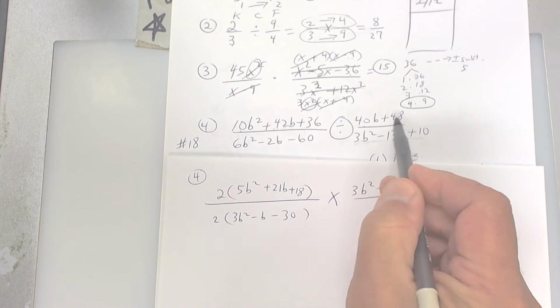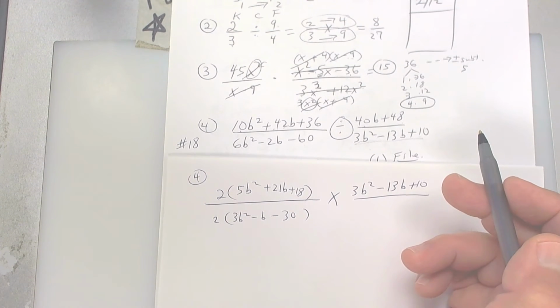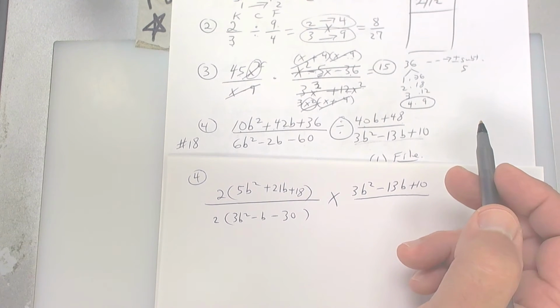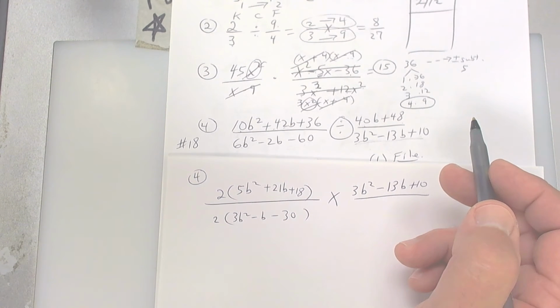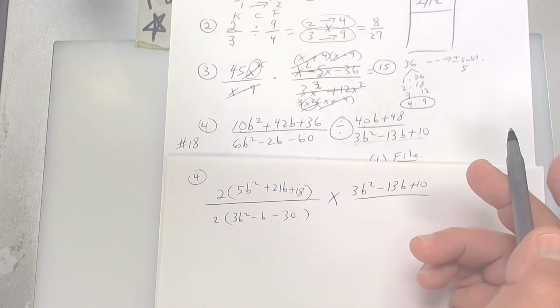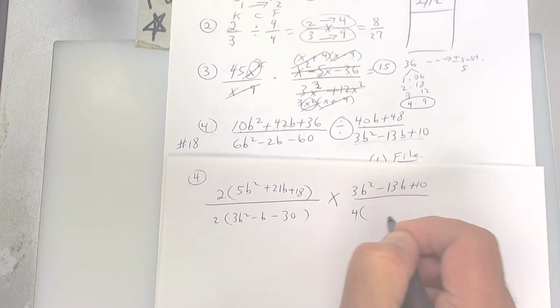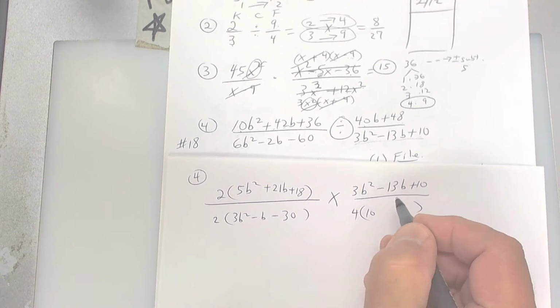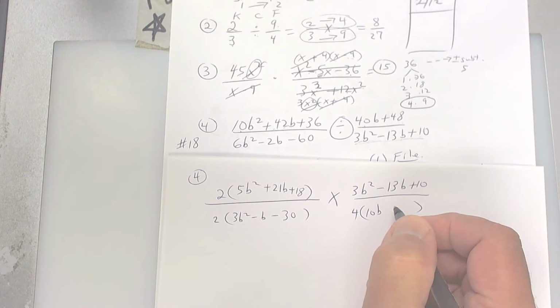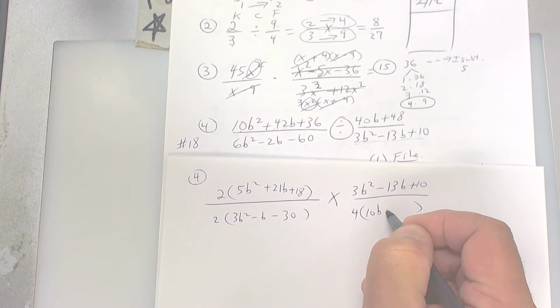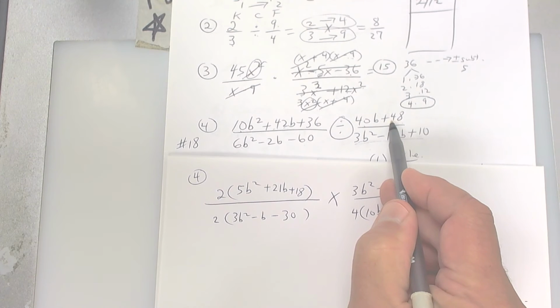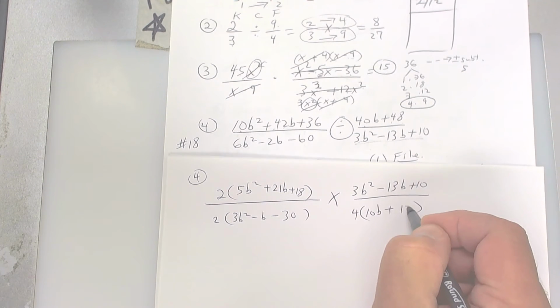This one right here looks like you can take out, I think, a 4. It might be something bigger, but let's take a 4 out. So that gives me 10b. And if you take a 4 out of that, you're left with a 1 and a 2, so that's a 12.